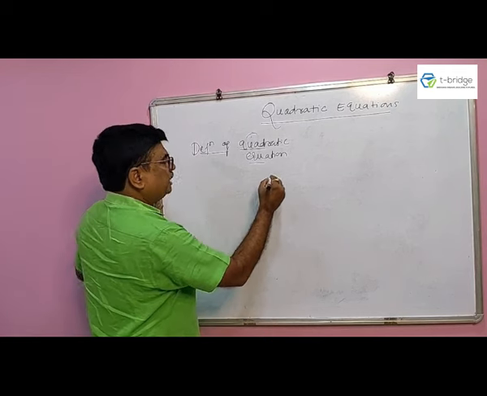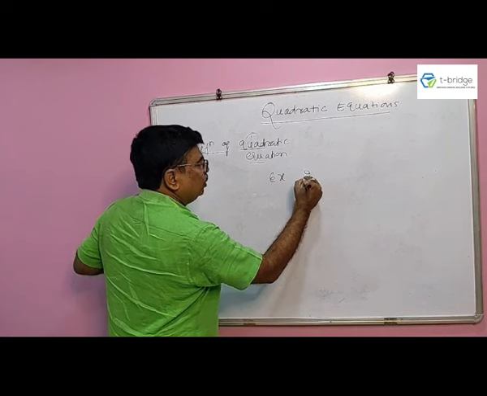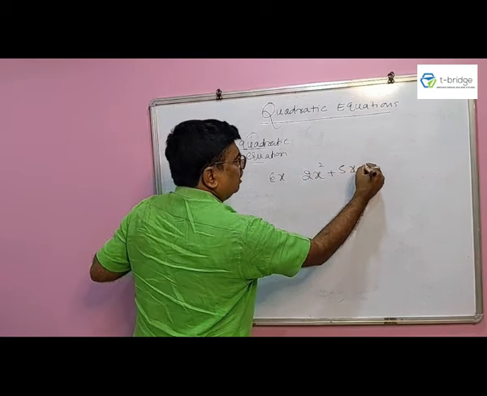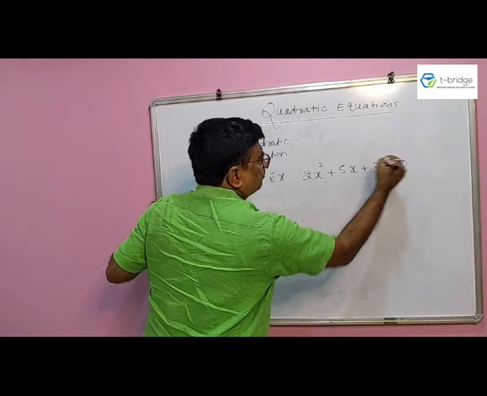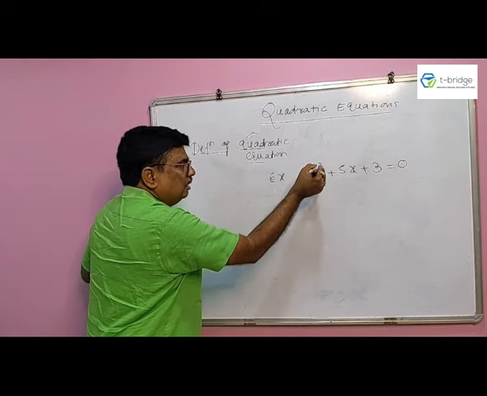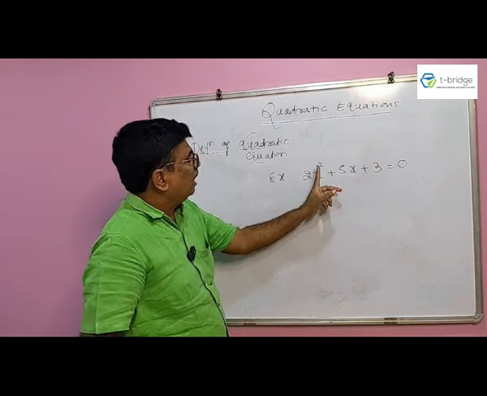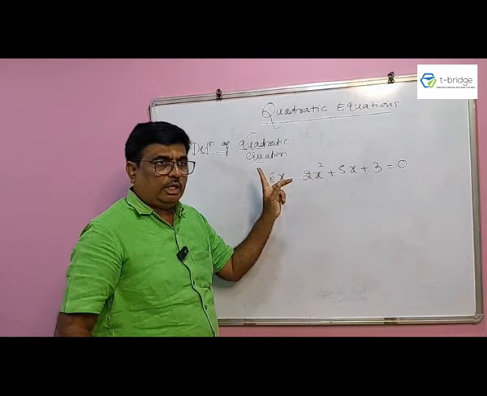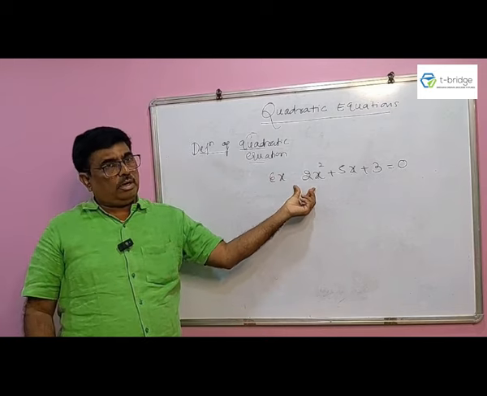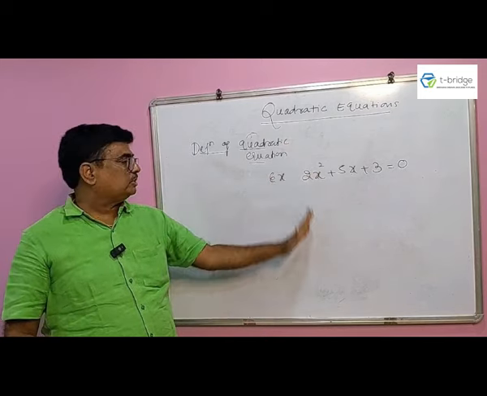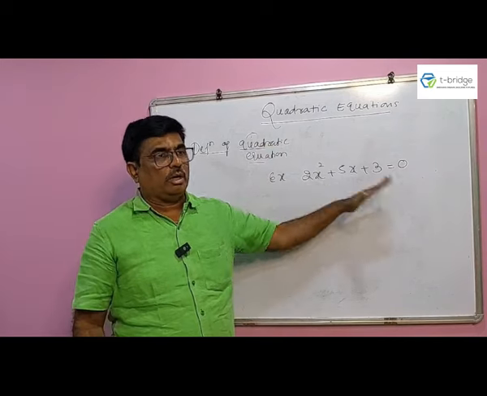I will write one example: 2x square plus 5x plus 3 equals 0. Here it is in one variable only, x, and the highest power is 2. An equation in one variable whose degree is 2 is called a quadratic equation.